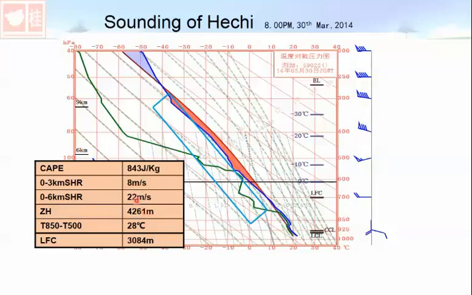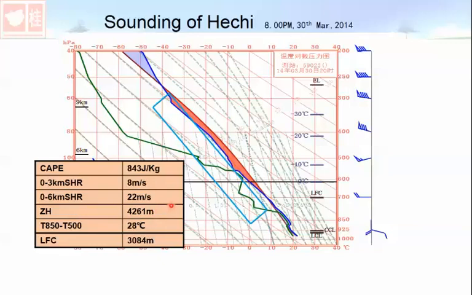Strong vertical wind shear of the middle layer is conducive to the development of deep convection, and CAPE reaches about 800 joules per kilogram, and the level of free convection is about 3,000 meters high.